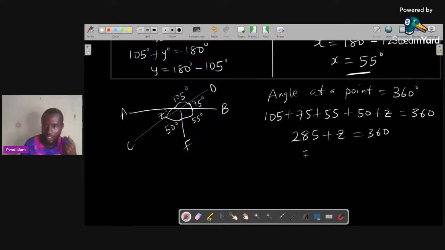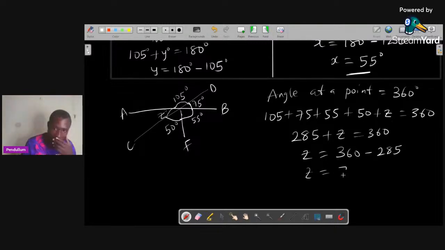Similarly, 285 crosses over to join 360, and because it is positive, when it crosses it becomes negative. So we have 360 minus 285, and Z is 75 degrees, right? Yes, 75 degrees.